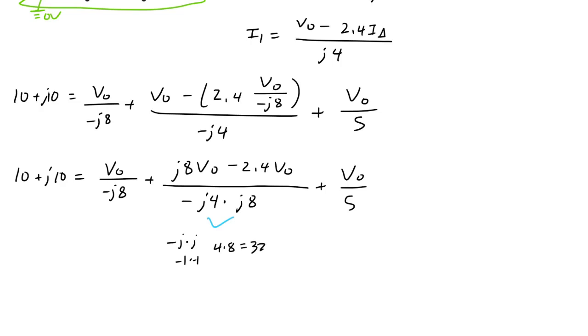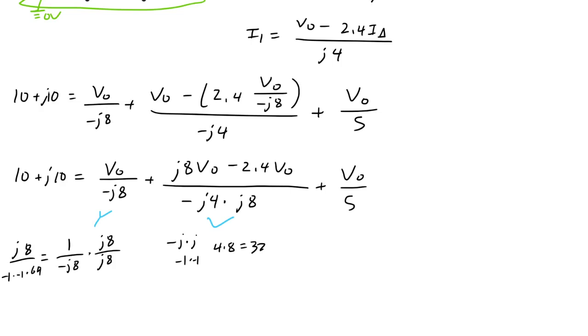I'm also going to simplify this. Let's do the conjugate. So 1 over J8, times J8 over J8, that's going to be J8 over 64.